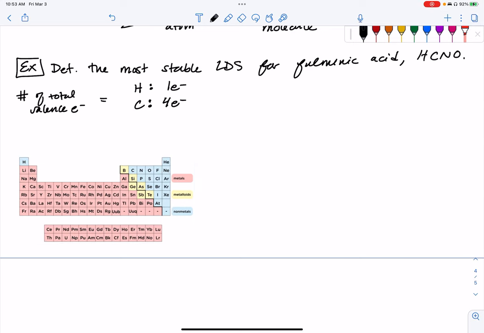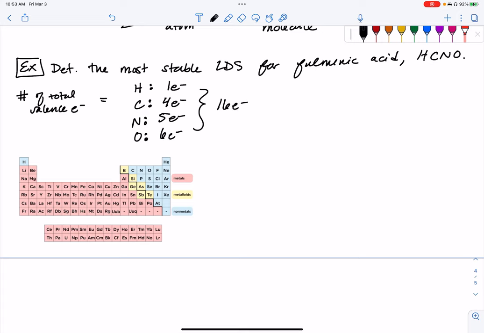Then we've got our nitrogen, which is in the group right after carbon, so it has 5 valence electrons. And then we have our oxygen, which is in the group after nitrogen, which has 6 valence electrons. Since I've got 1 of each of these elements, I need to just add up this total here. So that gives me 16 electrons that I have for my bonding budget.